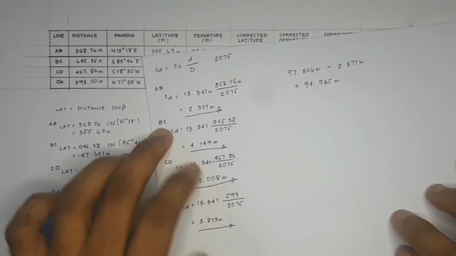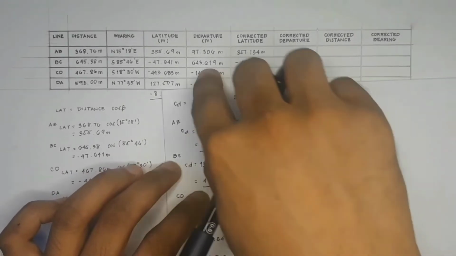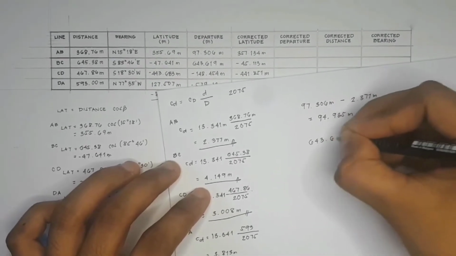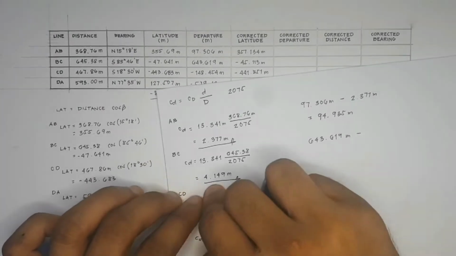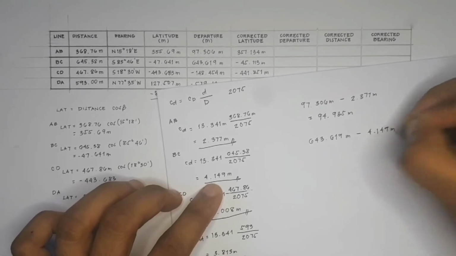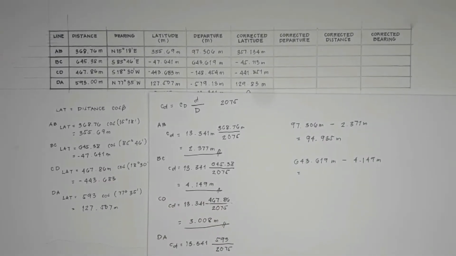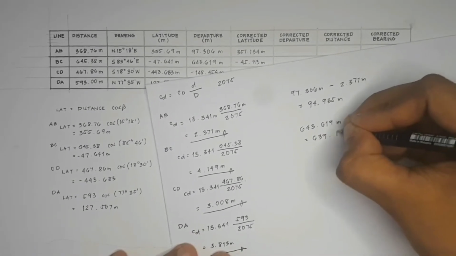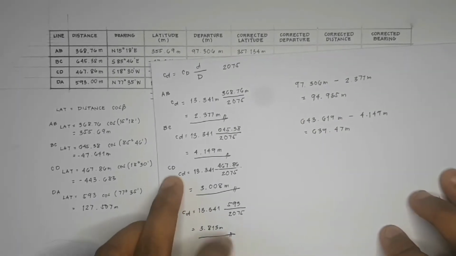Next we have line BC. The departure of this line is 643.619 meters minus its correction, 4.149 meters, and this will give us 639.47 meters.